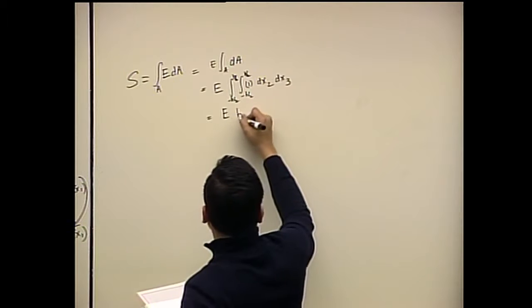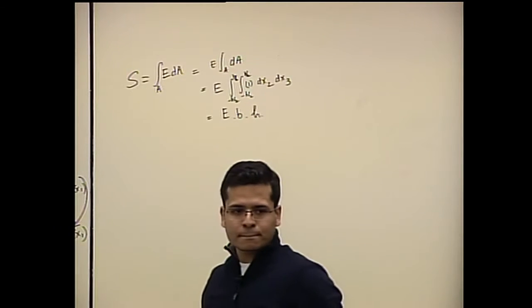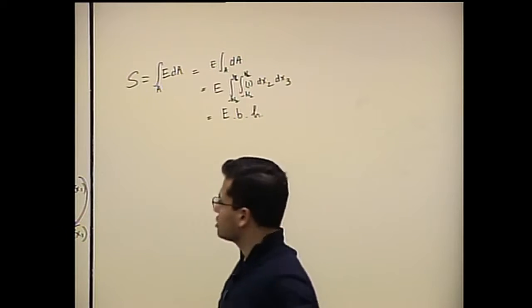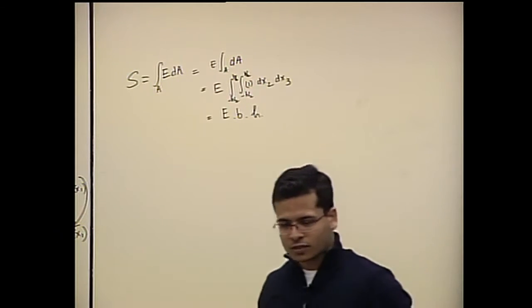So this essentially becomes E times B times H, which is E times the area of the cross section, axial stiffness.